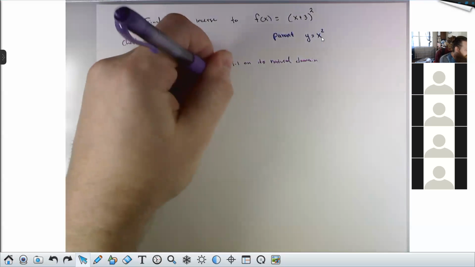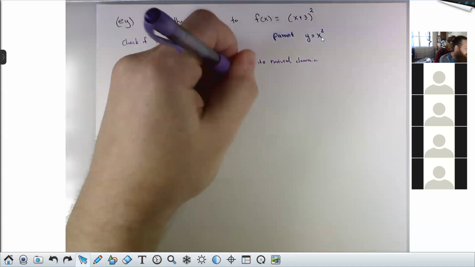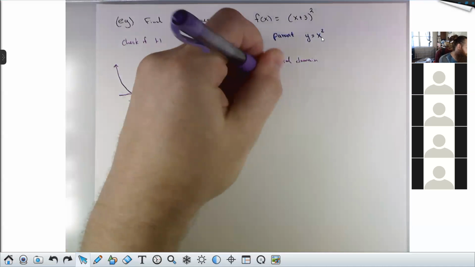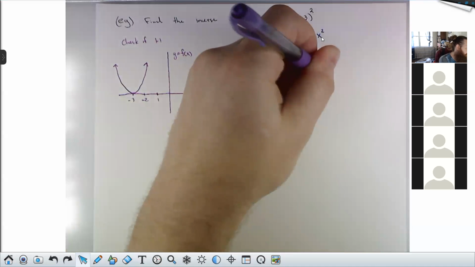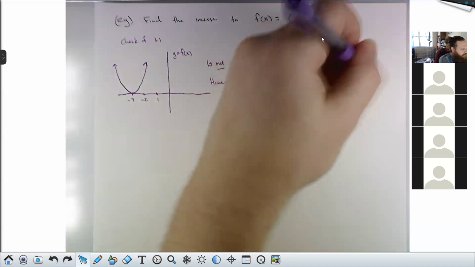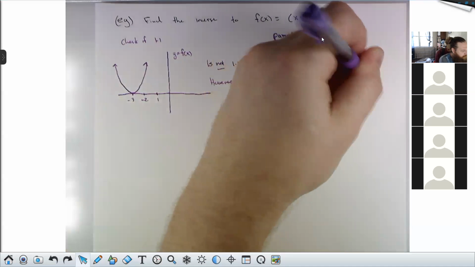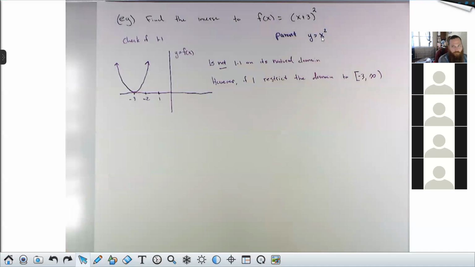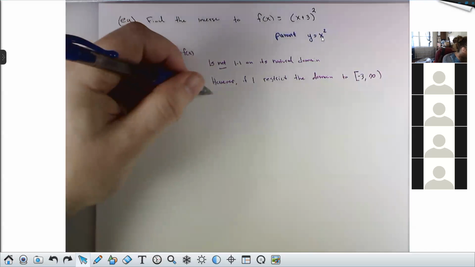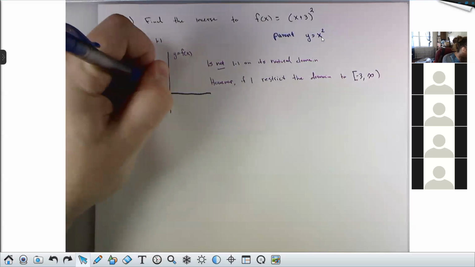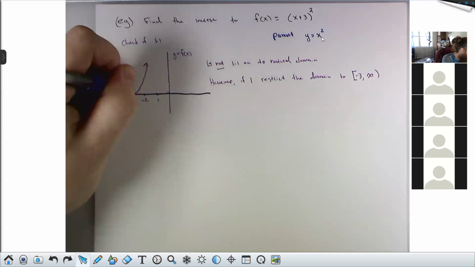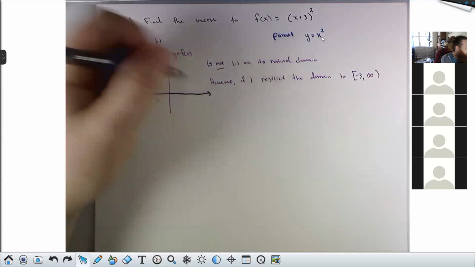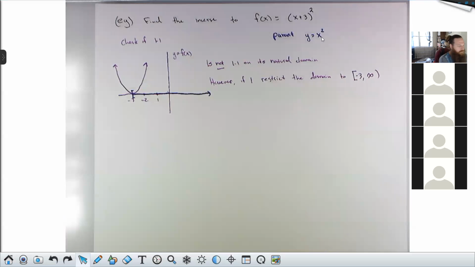However, if I restrict the domain to the interval -3, comma, infinity. That means I'm just holding on to the part of the graph above the blue shaded region here. So I'm restricting to this domain.